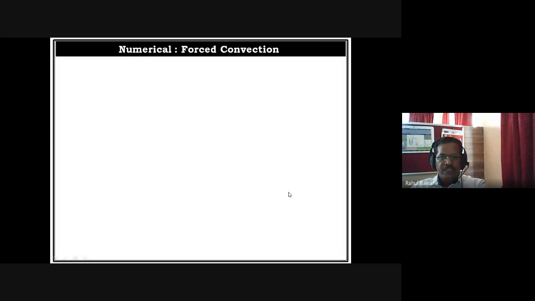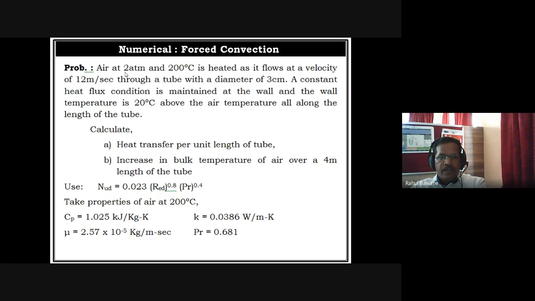So the numerical is: air at 2 atmosphere and 200 degrees centigrade is heated as it flows at a velocity of 12 meter per second through a tube with a diameter of 3 centimeter.